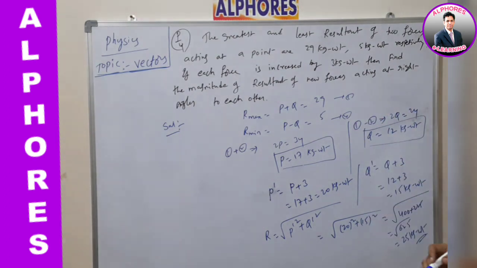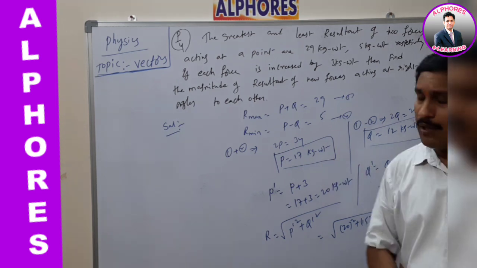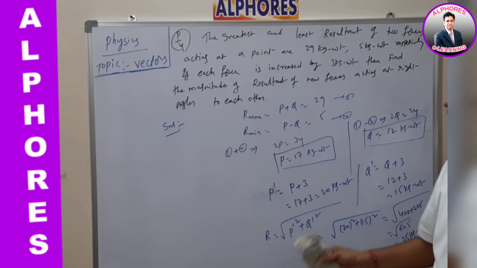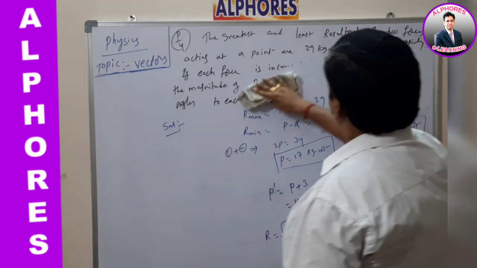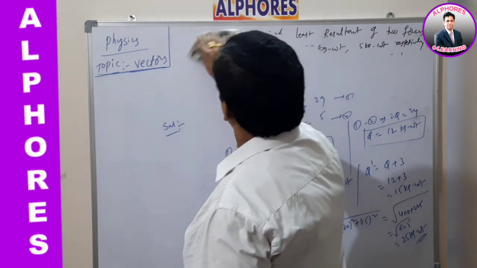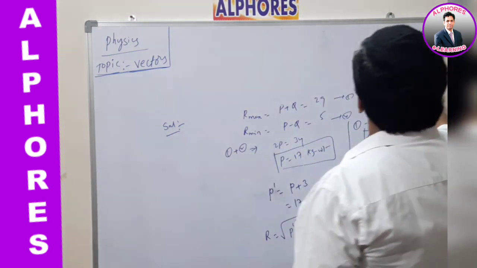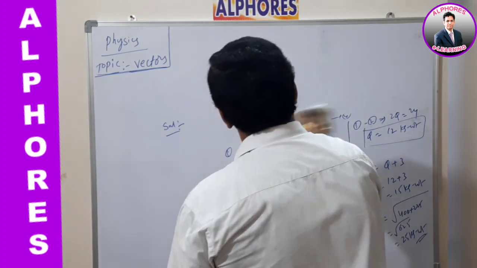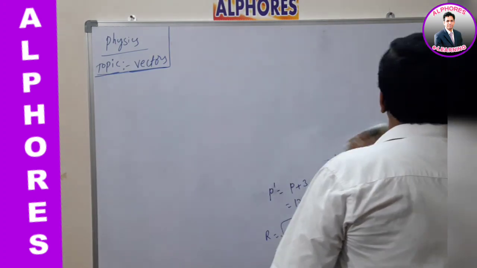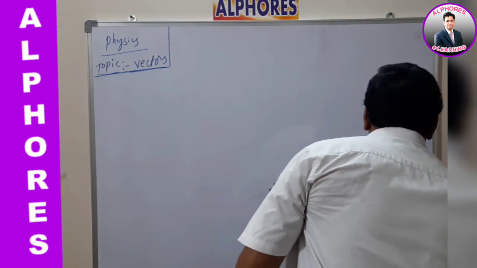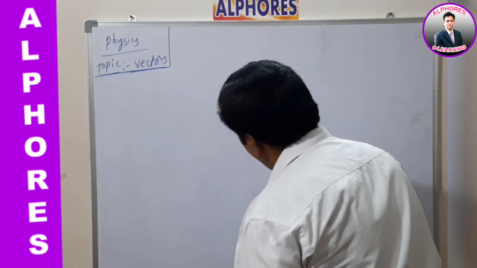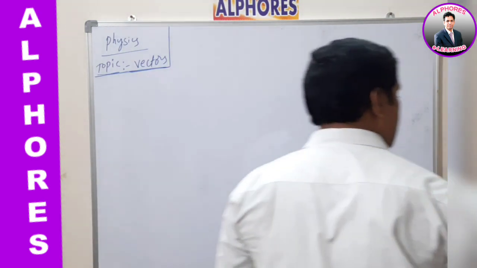So this is the fourth problem, and I have to give another problem based on the parallelogram addition of vectors also. Suppose I am giving one problem based on the parallelogram addition of vectors only, then you have to try to solve this question.